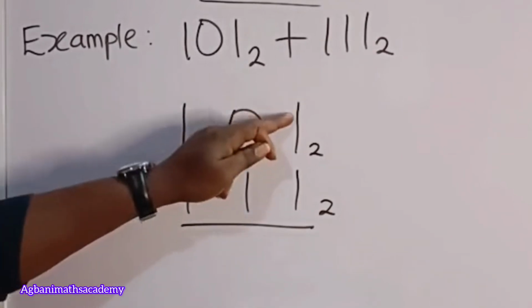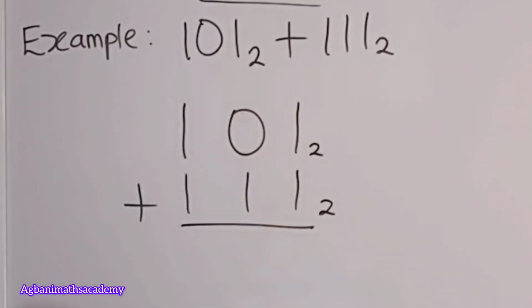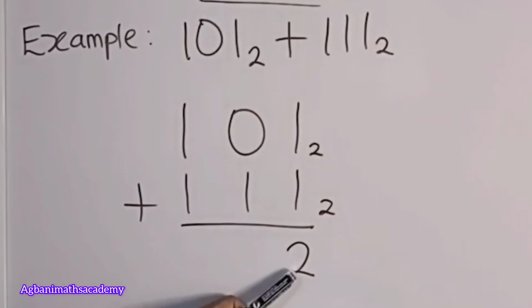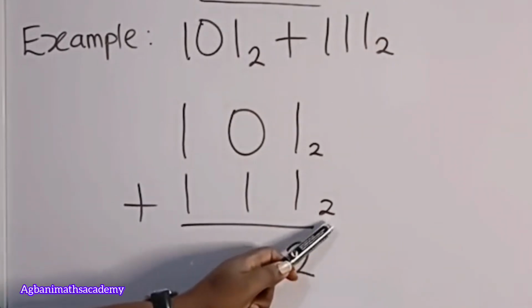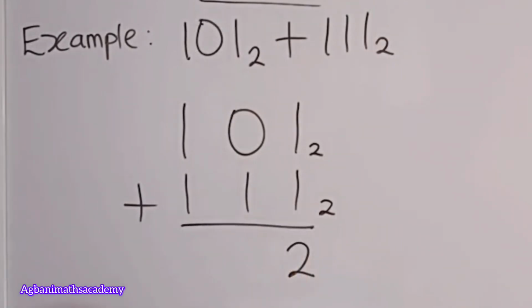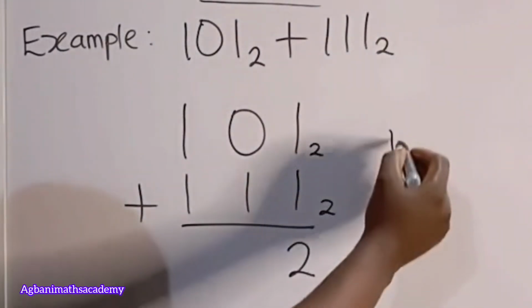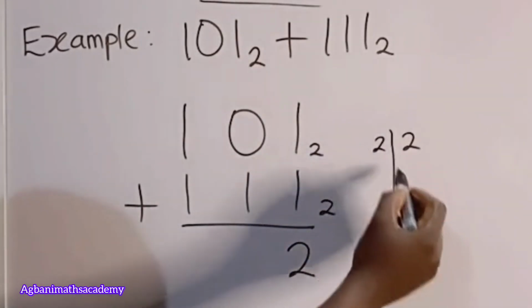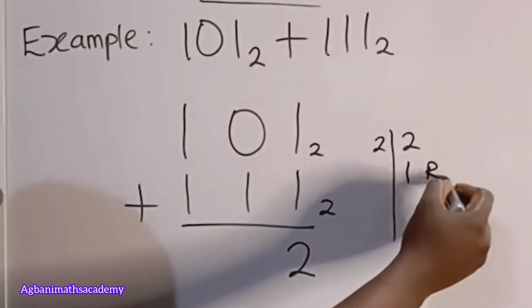So 1 plus 1 is 2, but I cannot write 2 here. The reason is that we are working with base 2, and base 2 does not contain the number 2. So we need to convert this. We are in base 2, so we divide by 2. 2 divided by 2 gives you 1, remainder 0.